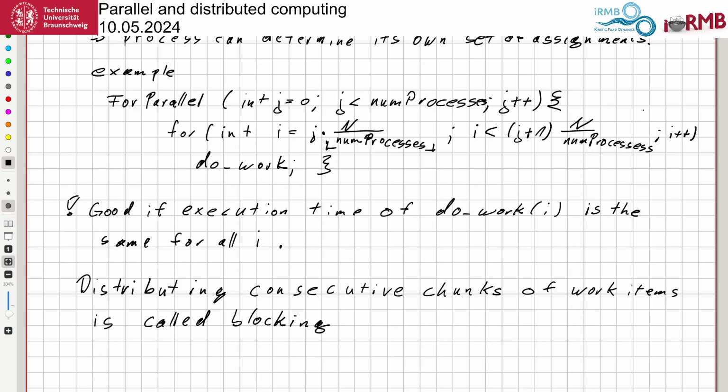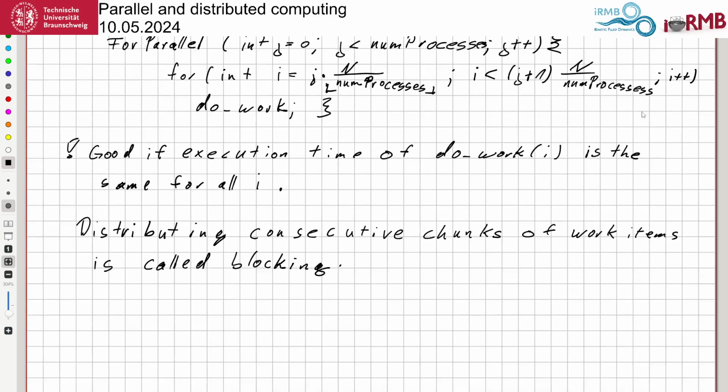So basically we take a block of operations, which is usually associated also with a block of data in memory, because the operations usually depend on data. Not always, but most of the time.